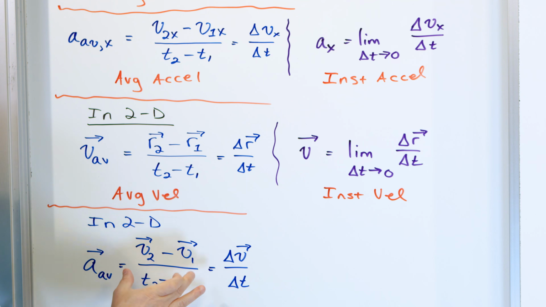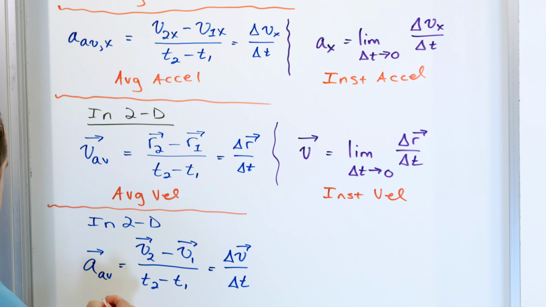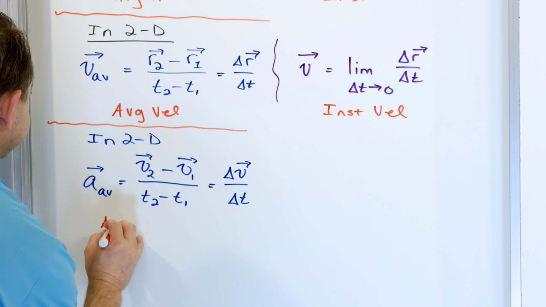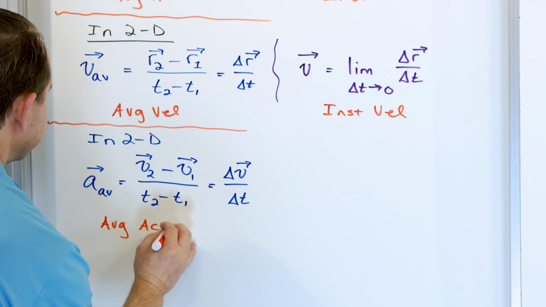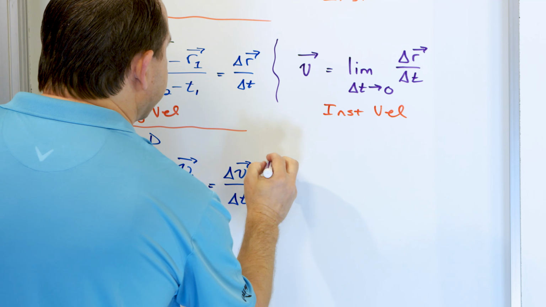That's the change in velocity divided by the change in time. This is the average acceleration over some interval of time between some initial and final velocity. We call this the average acceleration, right?